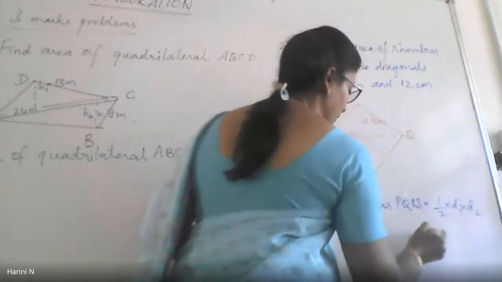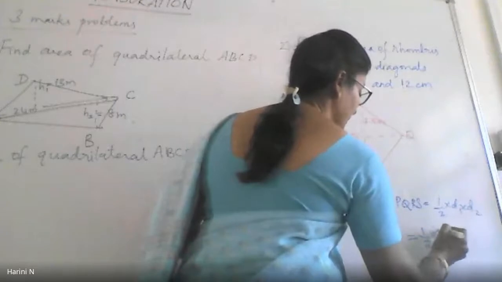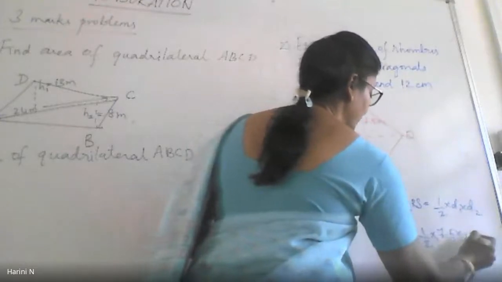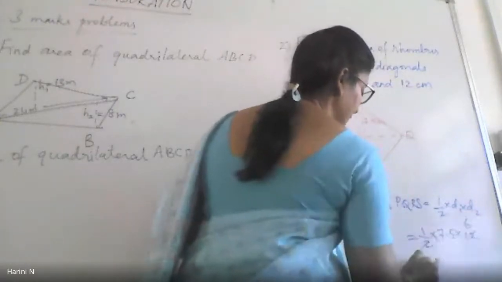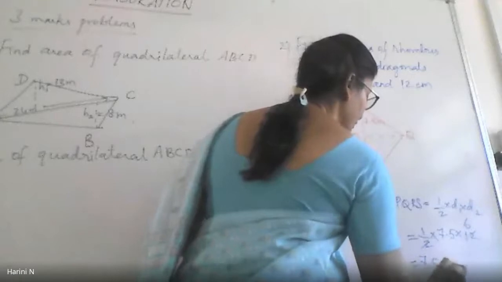So substitute. Half into 7.5 into 12. So 2 and 12 will get cancelled. You have 7.5 into 6.